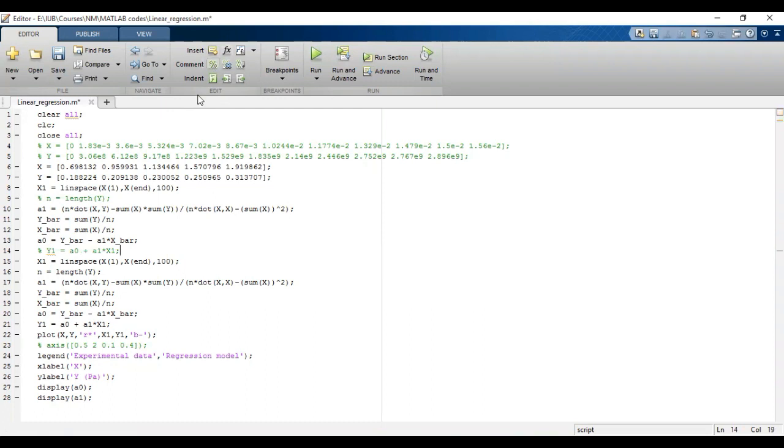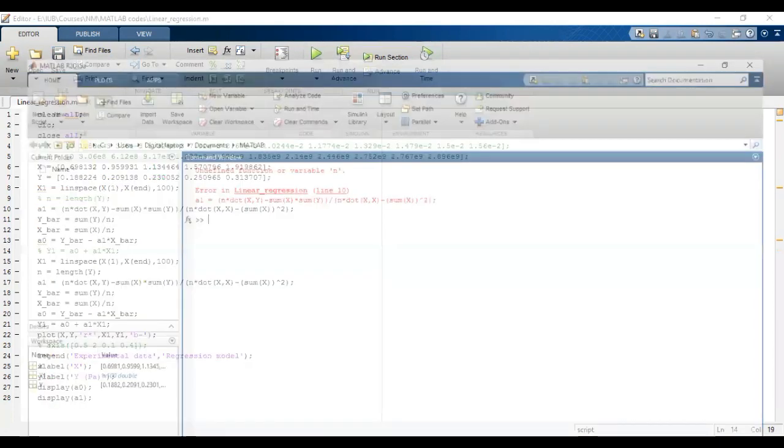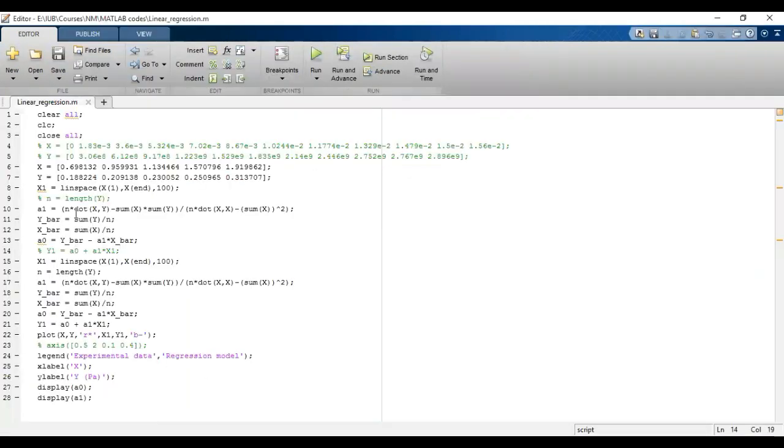Now I am running this code and checking the result. Actually, this command n is equal to length of y is typed two times, so I have removed the first of them.